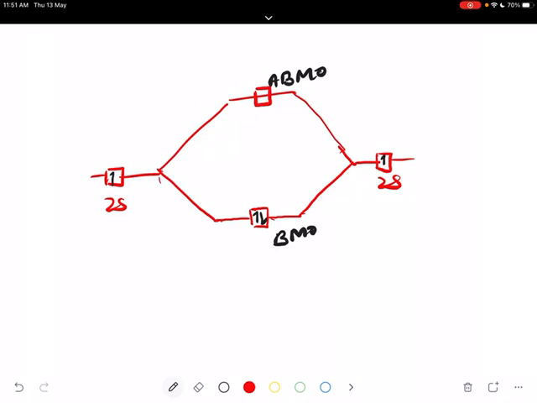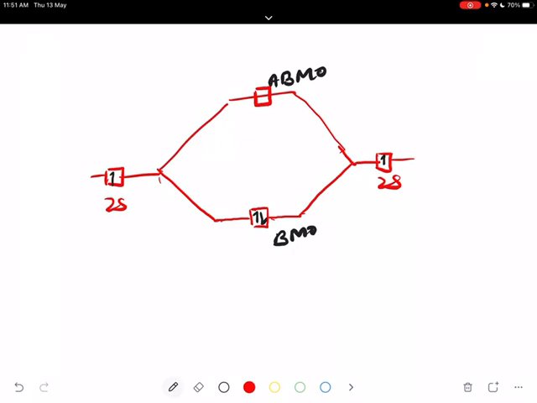So many bonding molecular orbitals are there, so many anti-bonding molecular orbitals are there. If this band is partially filled, of course so many bonding molecular orbitals are filled, but anti-bonding molecular orbitals are empty.